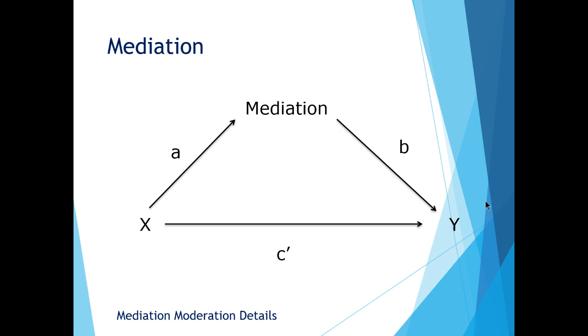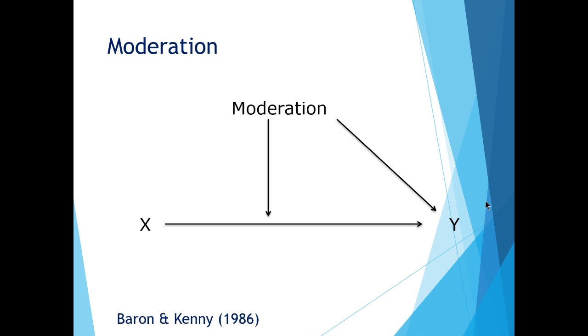So any deviation from these may indicate that M may not be completely mediating, it might be partially mediating the xy relationship.